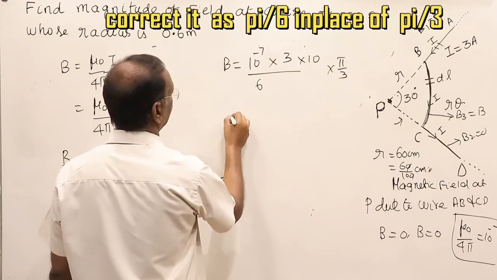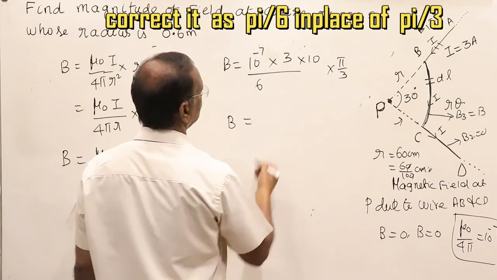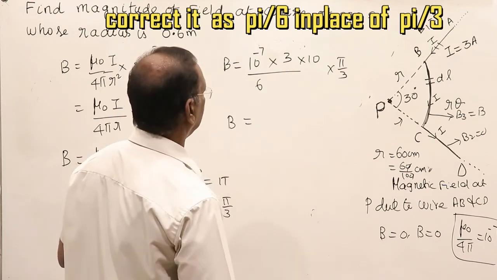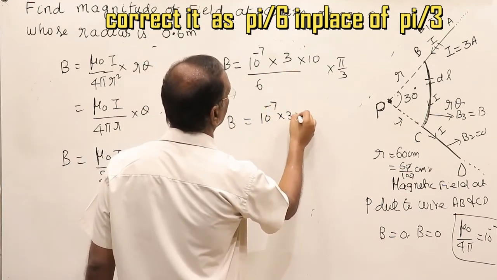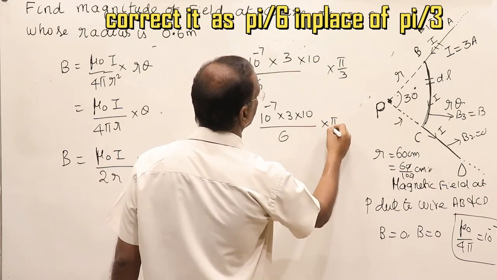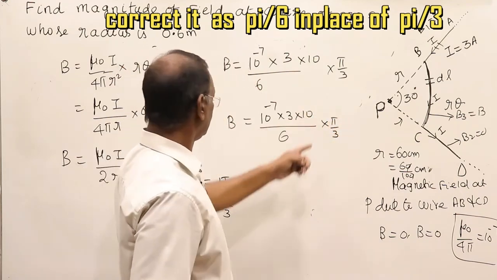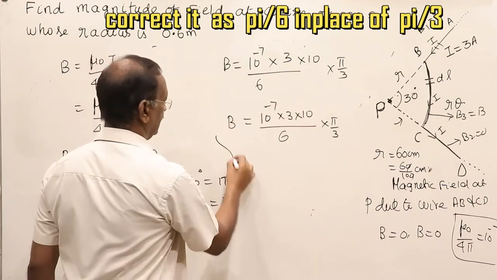So, magnetic field is equal to 10 to the power minus 7 into 3 into 10 divided by 6 into pi by 3. Note here you should not put the value of 60 degrees. You have to put the radian value to get the answer.